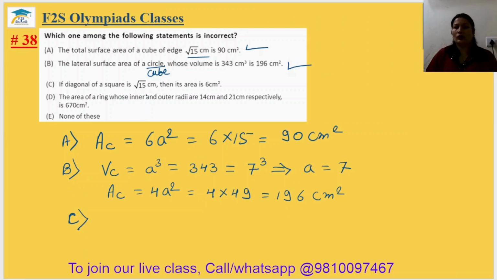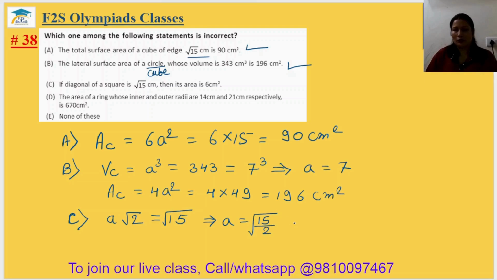Come to option C. If the diagonal of a square is root 15, then the area will be this. The diagonal of the square is given as A root 2, that is given as root 15. So A equals root of 15 by 2.